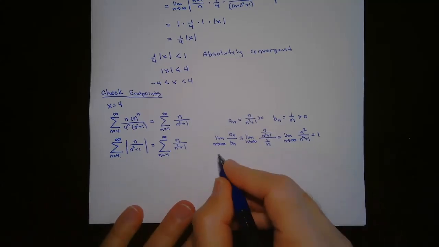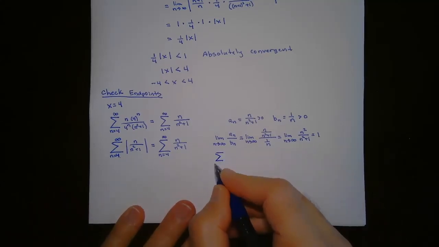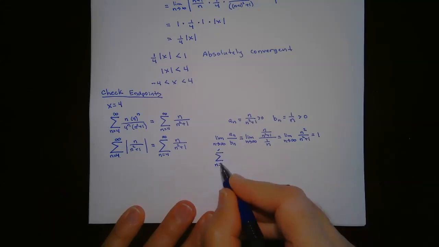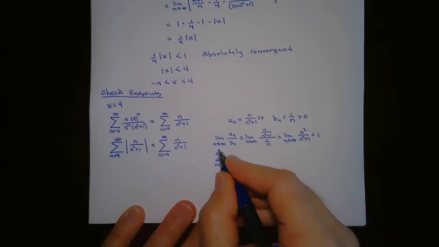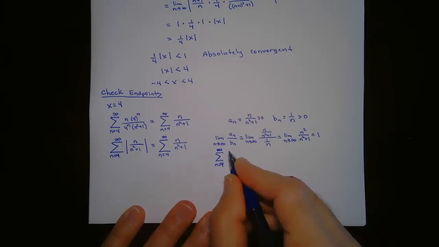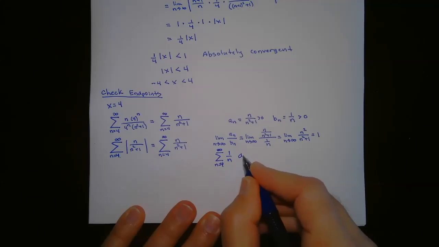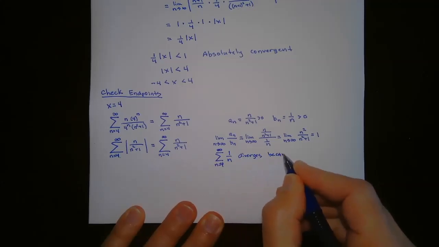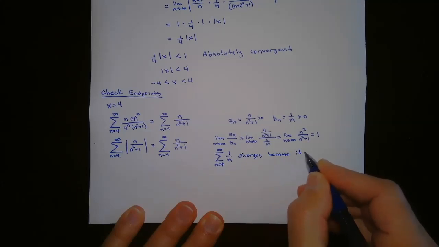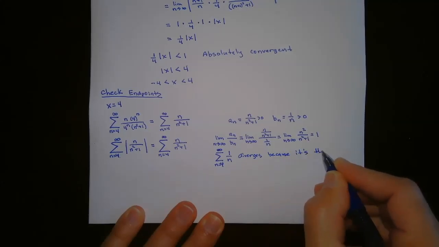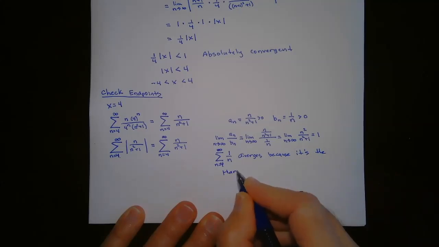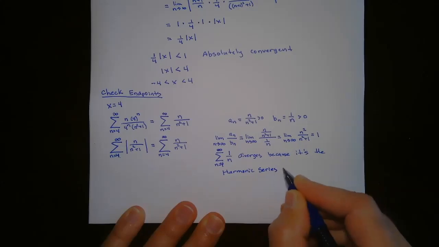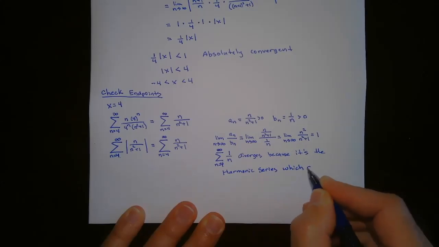So we also know that the sum from n equals 1 to, we can go 4 because that's what this one does, 4 to infinity of 1 over n diverges because it's the harmonic series, which diverges.